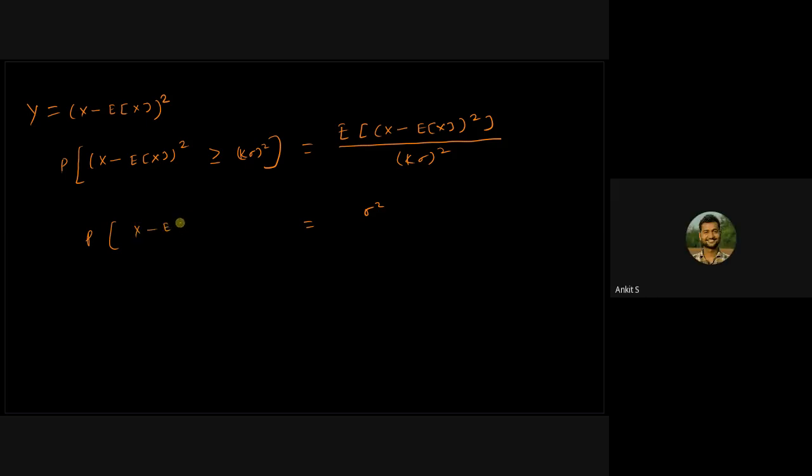I will take the square root on both sides. It will become the mod of this, so it will finally become 1 by k squared. That's how you get the Chebyshev inequality from Markov's. It is very simple. But during this process, accuracy is improved.